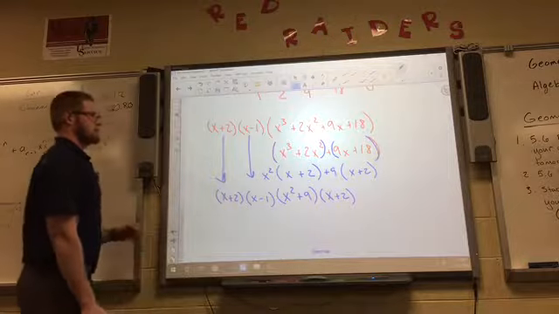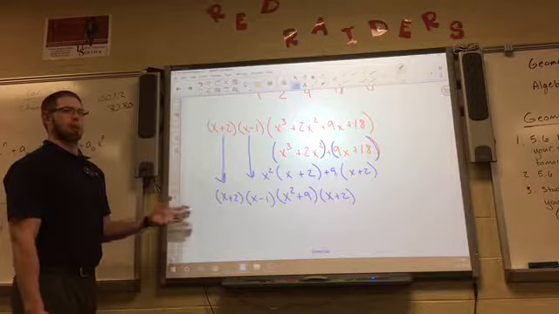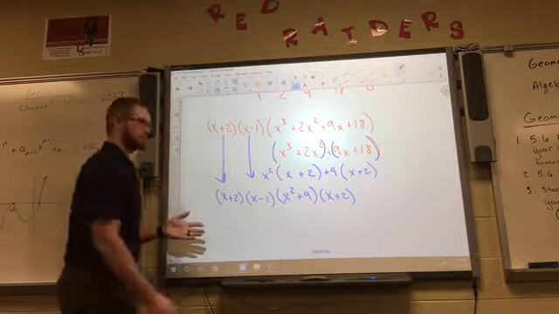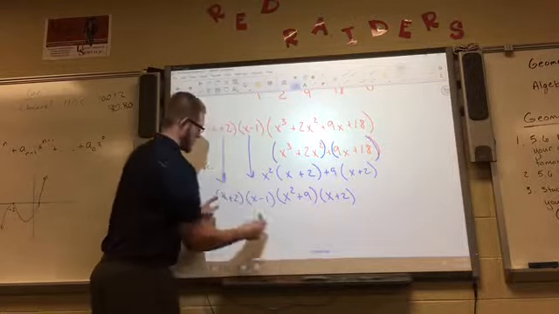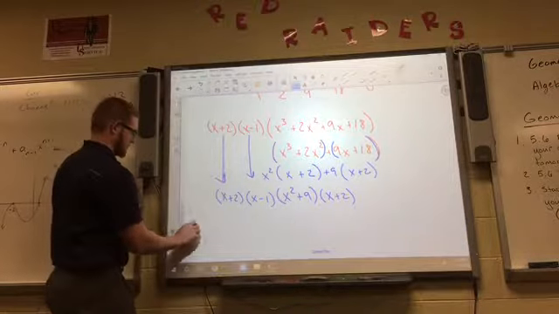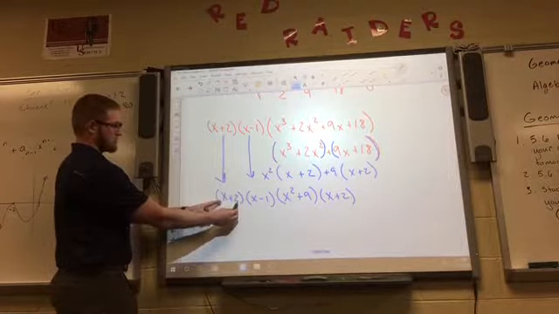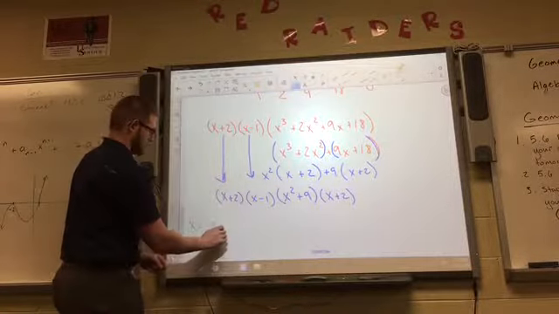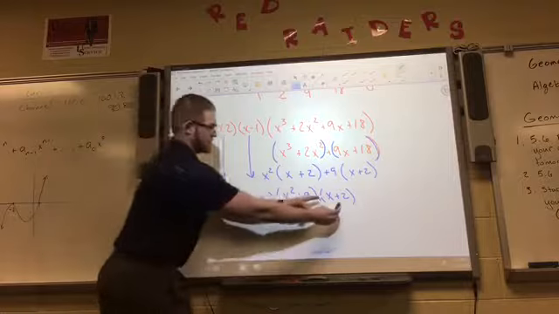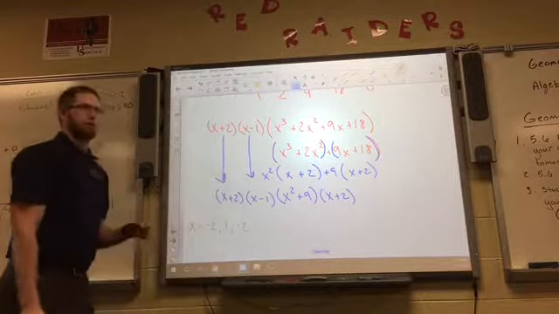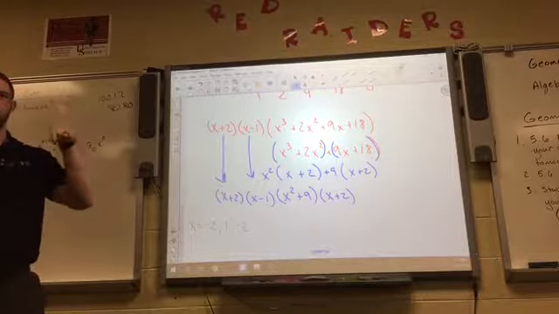Okay, so we're done, but the problem asks to find all the zeros. So I need to do what with each group of parentheses? Set them equal to 0. So, this one would give me negative 2, 1, negative 2 again, which on your assignment, I think you just select which ones are zeros.